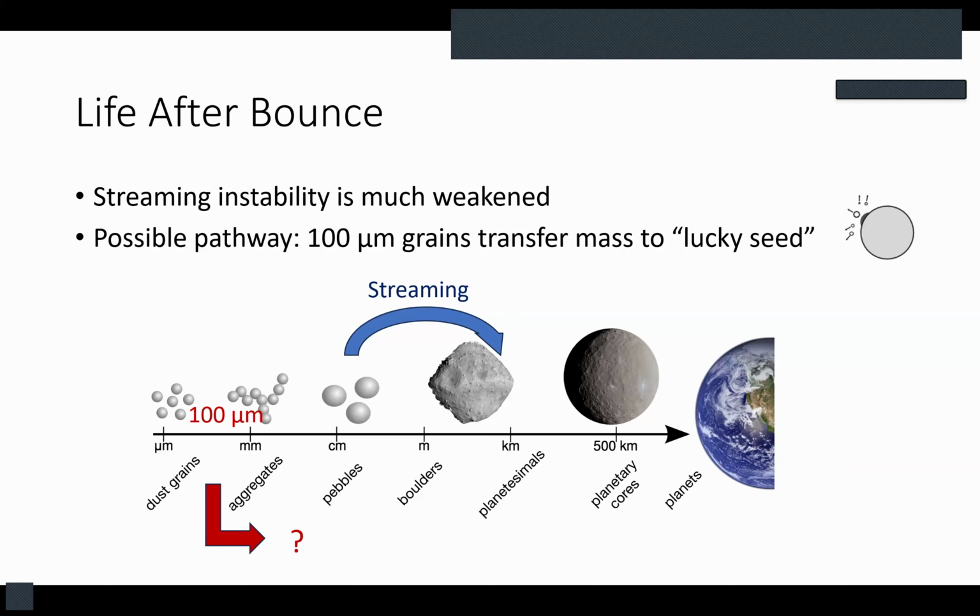So we have to think about another way. Currently, we don't know the answer, but some research has suggested that if the bouncing is not perfect, but with some mass transfer between two grains, then some lucky seed might be able to grow to the larger side and finally reach planetesimal size. But more work needs to be done here.